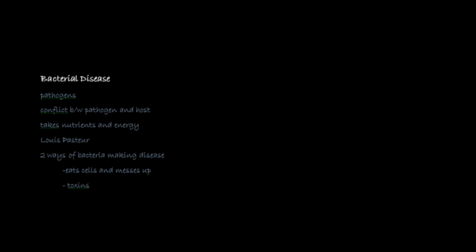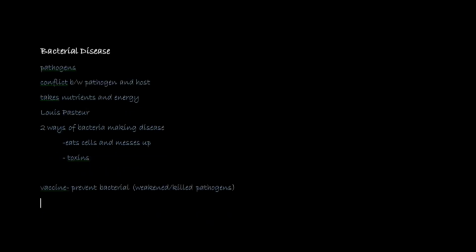And so after that, we have two methods of stopping or blocking. A vaccine is to prevent bacterial infections. It's weakened or killed pathogens, and they tell the body, they jumpstart the body into making immunity.